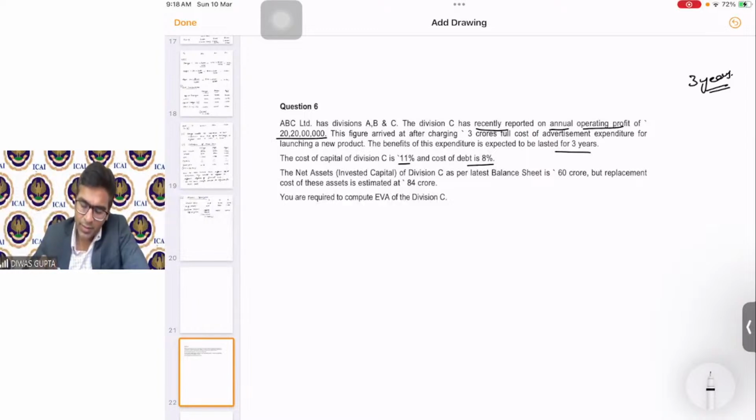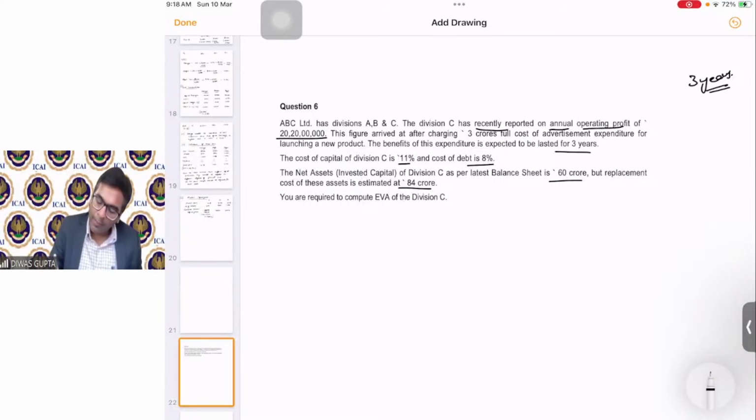The net assets of division C as per the latest balance sheet are rupees 60 crores, but the replacement cost of these assets is estimated at 84 crores. So the book value is 60 crores, but if I want to replace it today, the correct value is 84 crores.